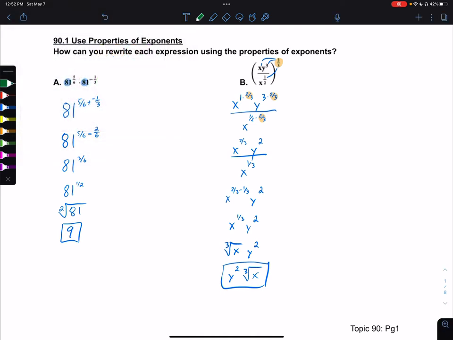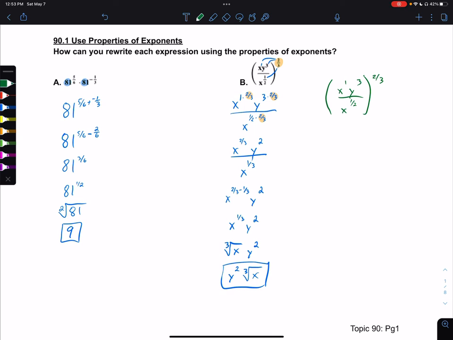First, we applied that kind of distribution property, powers to powers, and then we did the division. What we can do instead if you wanted to. So let's start with our problem. So we have here x to the first, y to the third, over x to the 1/2 power, and all of that is raised to the 2/3 power.